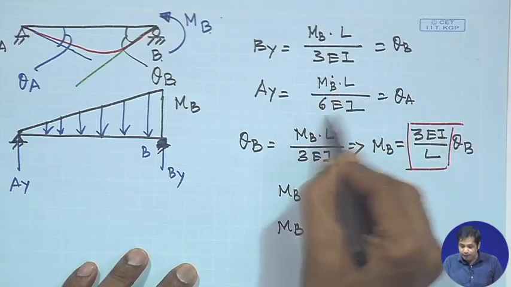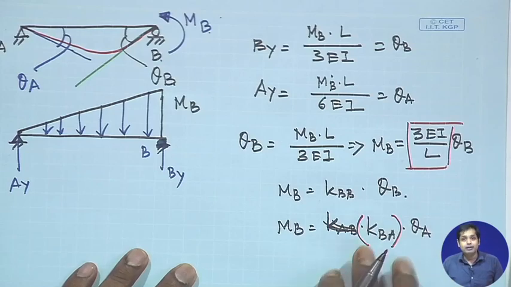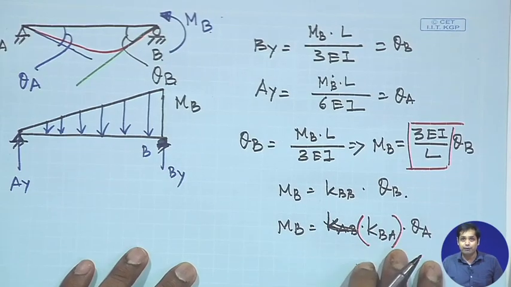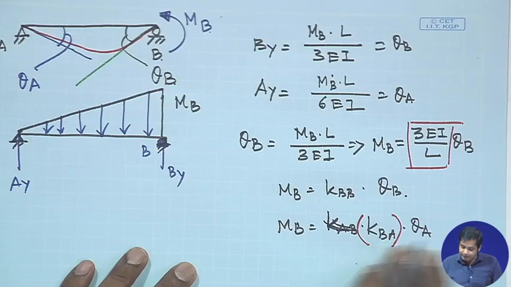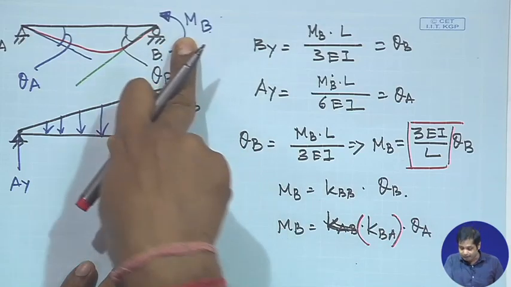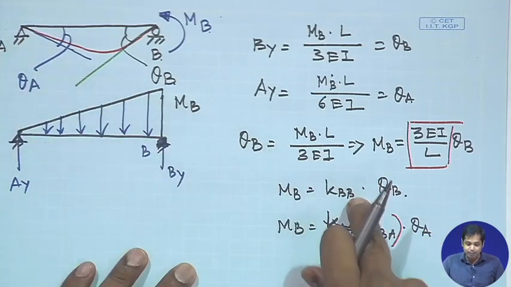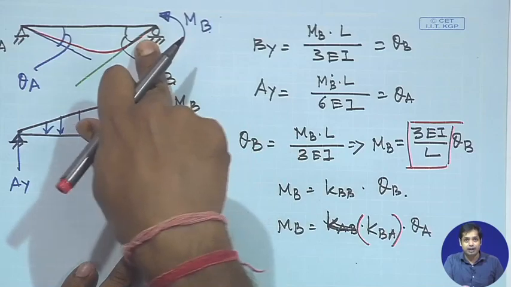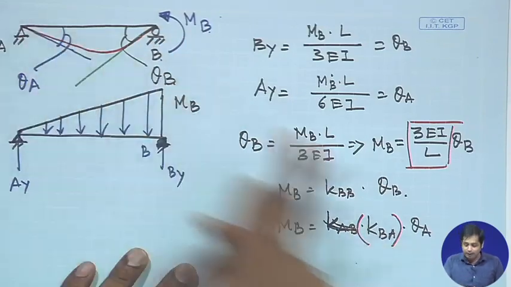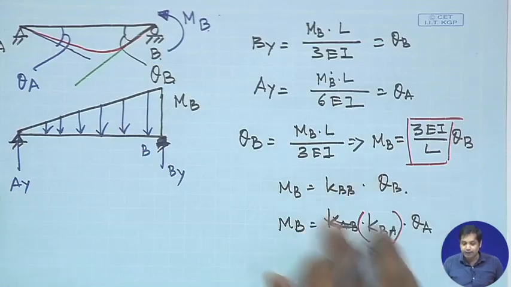So, KBB and KBA are the corresponding stiffness coefficients. KBB was the moment at B due to the unit rotation at B, and KBA is the moment at B due to the unit rotation at A.